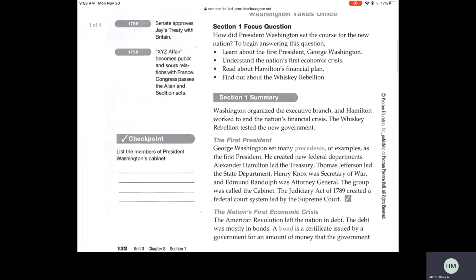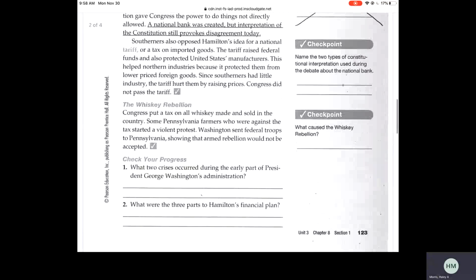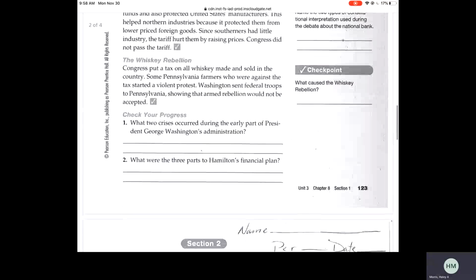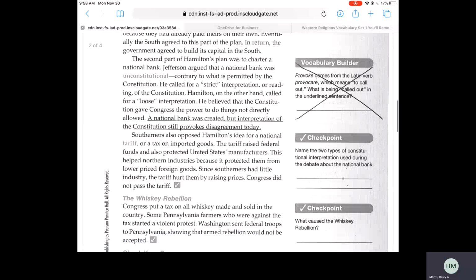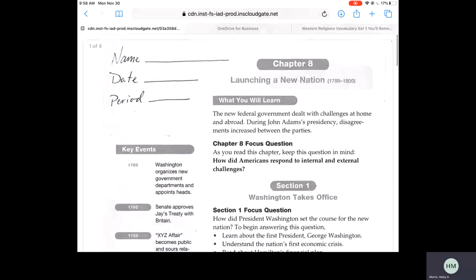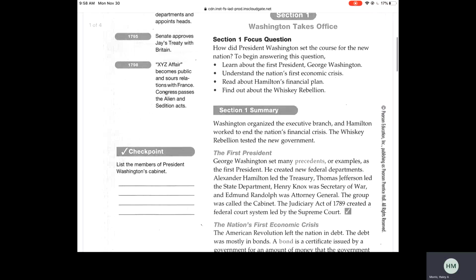You see here a checkpoint question. There's more checkpoints over here. You're going to fill in those checkpoints, but there are also questions throughout the reading, and you're going to answer those as well. So if you want to listen along, you're more than welcome to do that now.